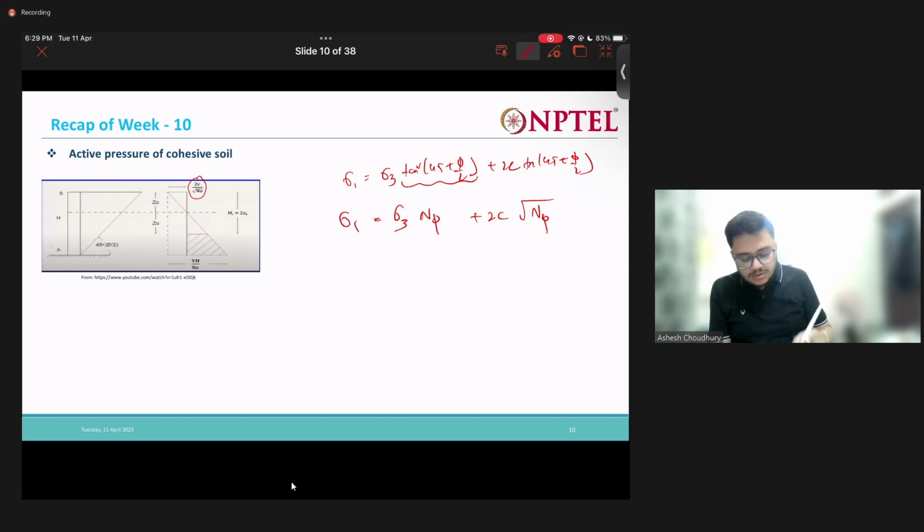So in the active condition, this sigma 1 is my vertical stress, and this is my Pa.